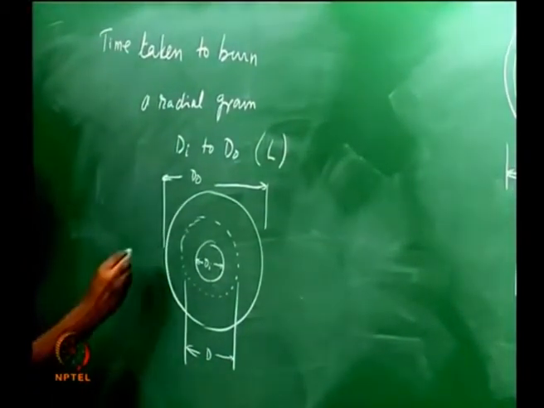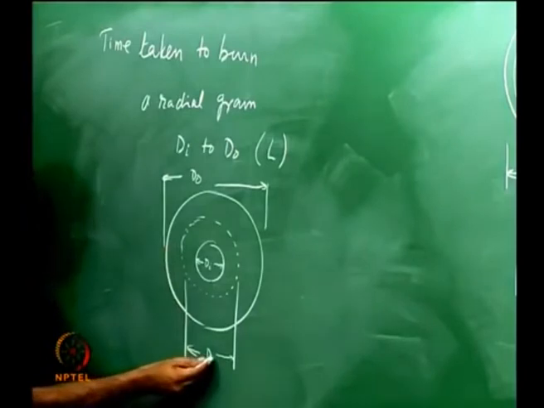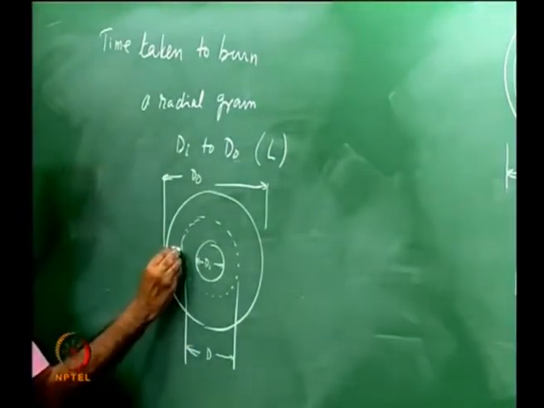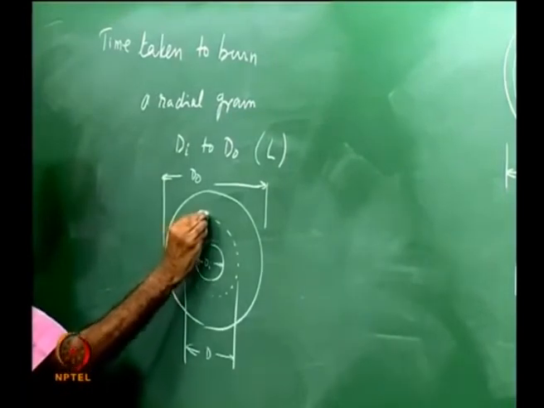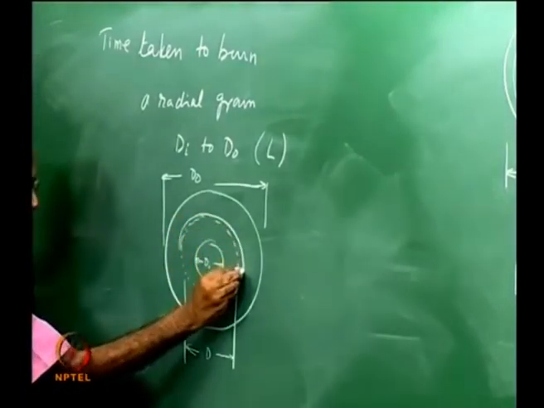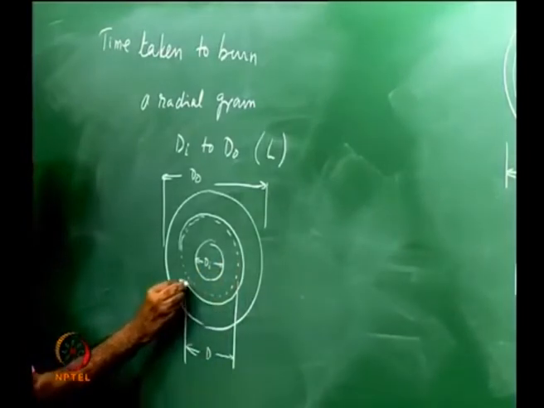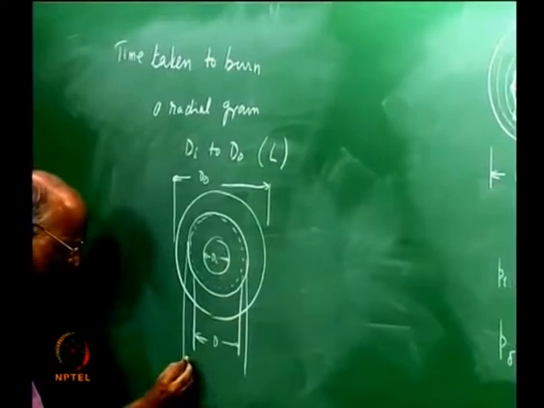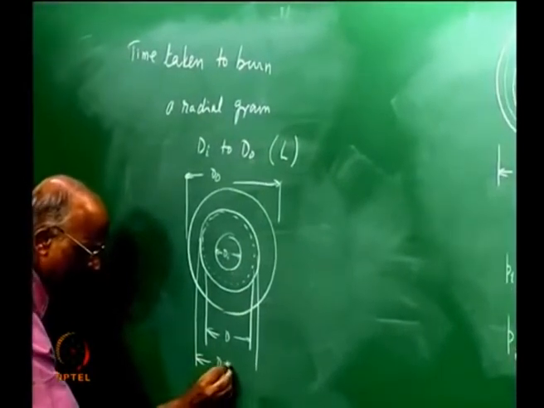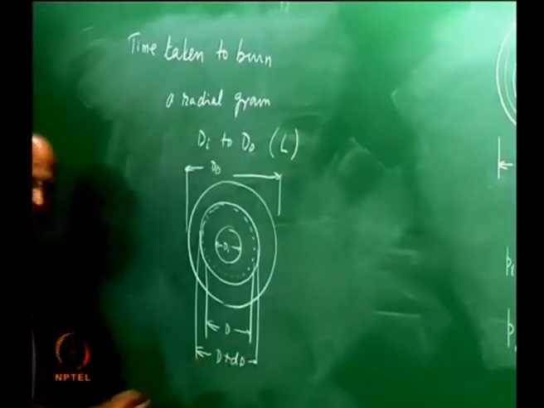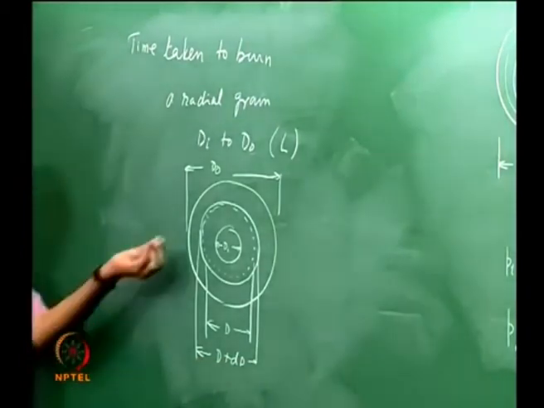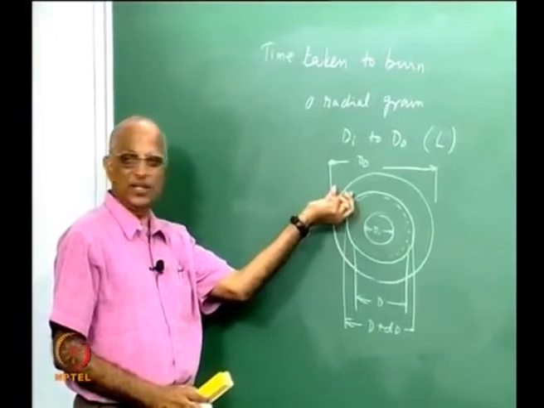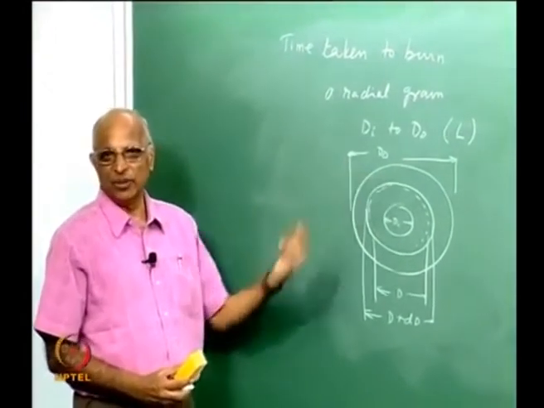Let us find the time taken for the diameter d, in between di and do, to increase from the value d to a value d plus a small change. I say the diameter has increased to d plus a small amount dd. If I can find the time taken to burn this part, I can integrate between these limits and find the total time taken, and that is what I will be doing.